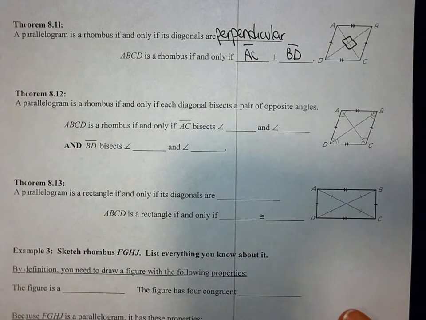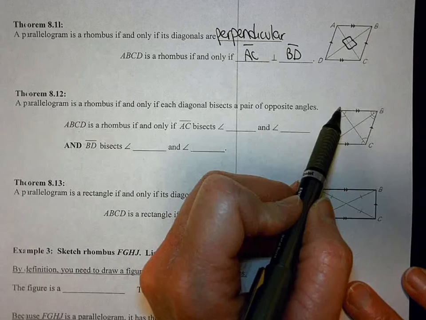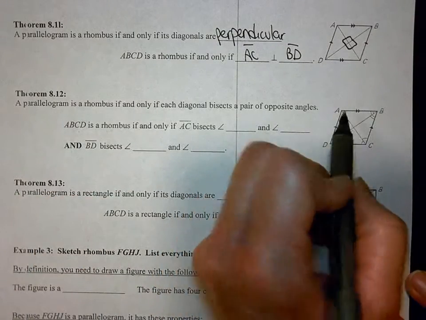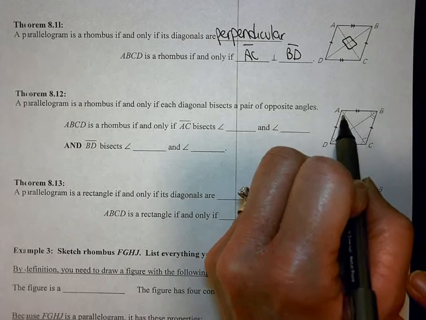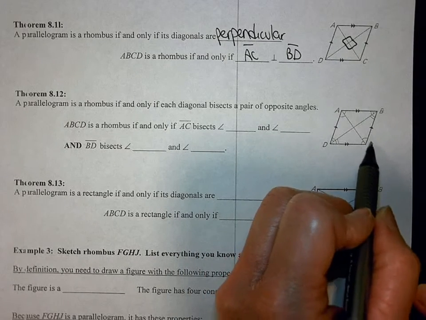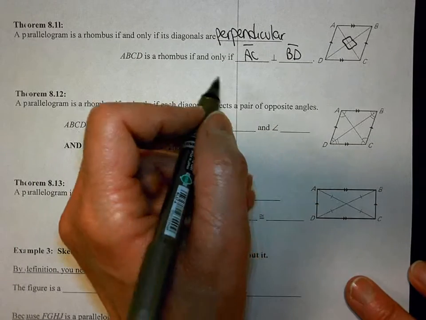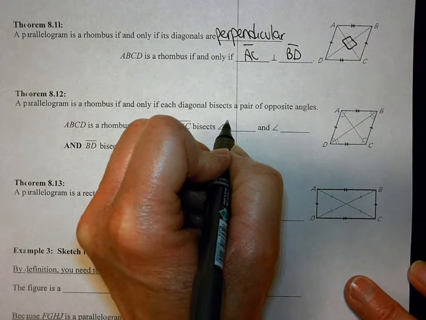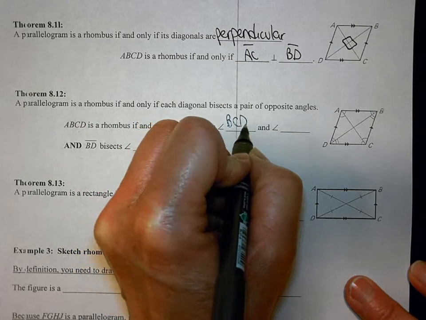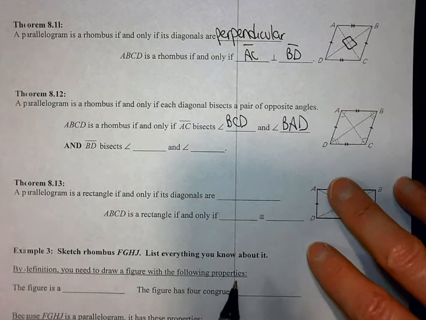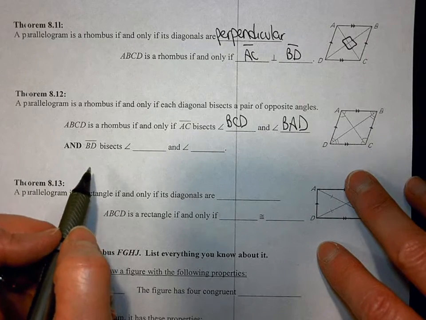Okay, theorem 8.12, a parallelogram is a rhombus if and only if each diagonal bisects a pair of opposite angles. So again, this is one diagonal, this is the other one. It's a rhombus if AC comes up here into angle A and cuts it into equal parts, comes down to angle C and cuts it into equal parts. So the first thing we can fill in is AC bisects both angle BCD and BAD, and BD bisects going the other way again.